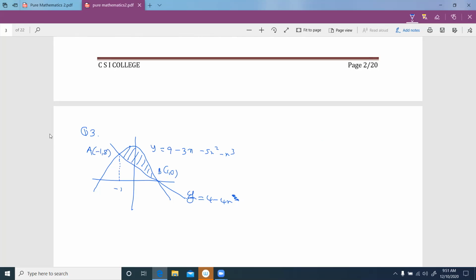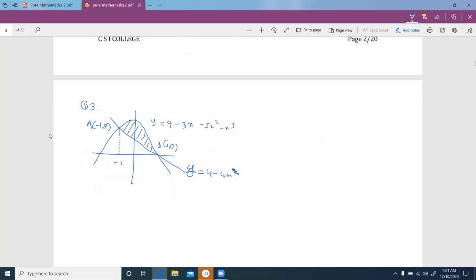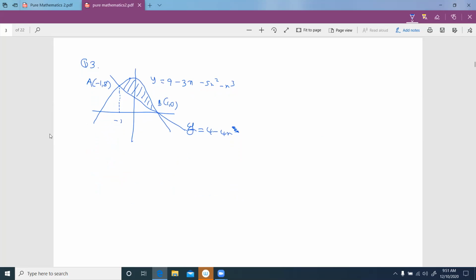Initially, I will try to find it this way. The straight line is just like this.